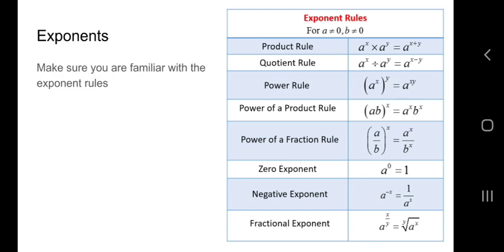Yeah. And then fractional exponents. So if you have a to the x over y power, it's the same thing as, well, if it's x over y power, then the y is like the yth root. Okay? So if you have like the 3/2 power, that means you take the square root and then you cube it.